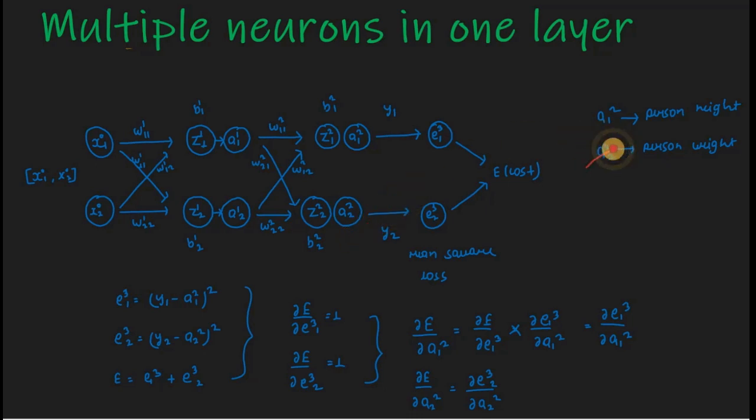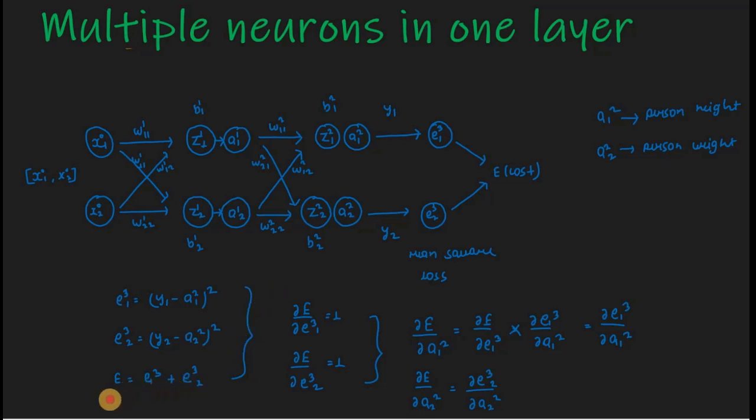Let us assume that Y1 and Y2 are the true height and weight of the person. So the mean square error in the height, which is E13, will be equal to (Y1 minus A12) whole square, and the mean square error in the weight will be (Y2 minus A22) whole square.